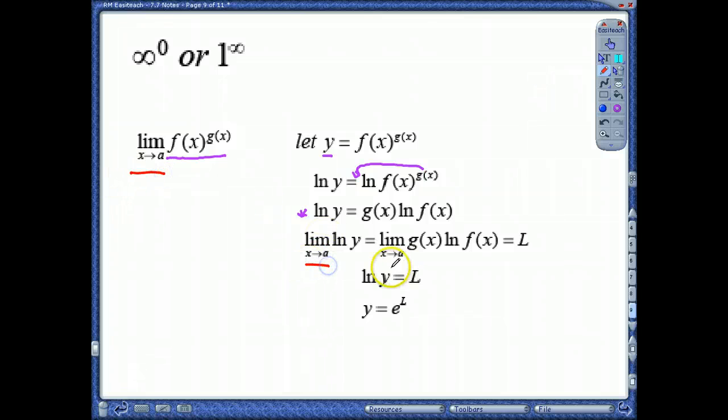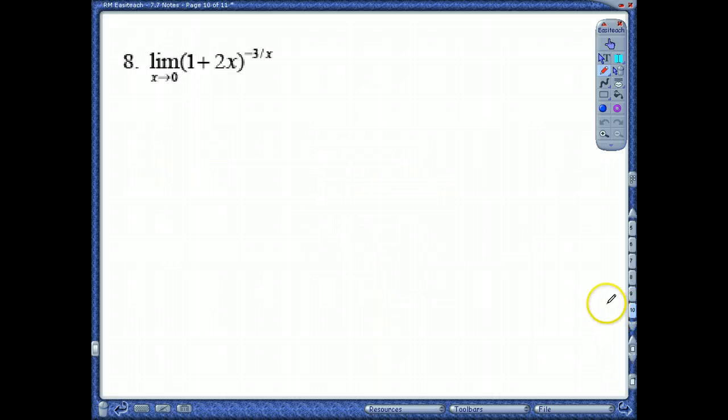So I'm taking the limit of both sides. Now, when I find the limit of this guy, that's what the natural log of y is equal to. So we've got to e both sides so that I can find out what just y is equal to. Because what we want to know is just what the limit of f of x to the g of x is equal to. So we natural log both sides, but then we have to e our answer to get back out of it. So let's see what that's going to look like live and in person.